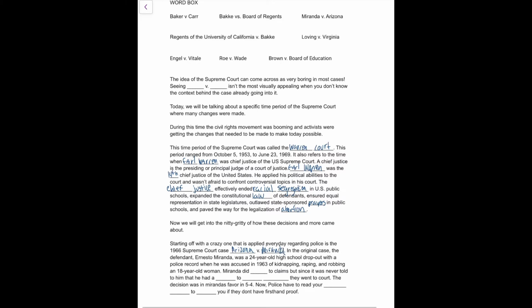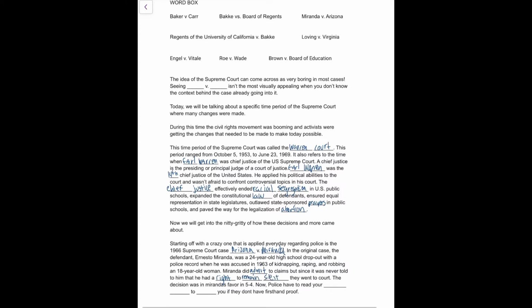In the original case, the defendant, Ernesto Miranda, was a 24-year-old high school dropout with a police record when he was accused in 1963 of kidnapping, raping, and robbing an 18-year-old woman. Miranda did admit to the claims, but since no one ever told him that he had a right to remain silent, they went to court.